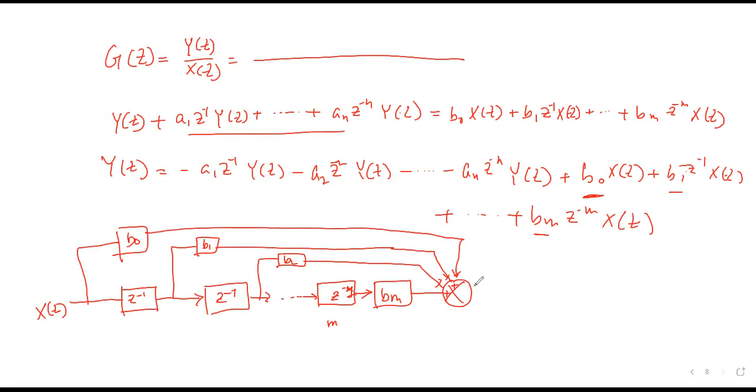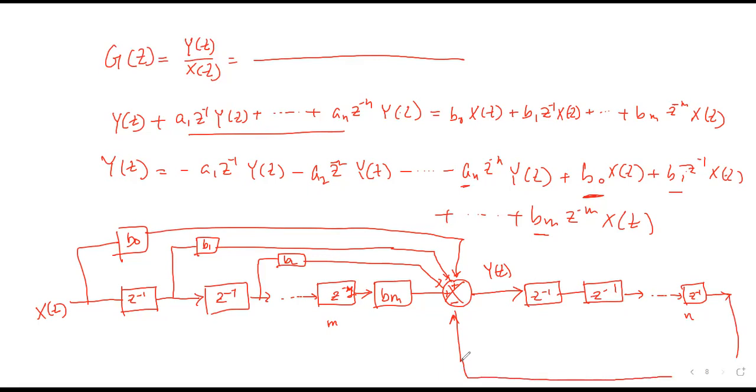So all of them are plus. Now the output will be your Y(z), and Y(z) will be further delayed with z to the minus 1, z to the minus 2, and it goes up to the nth one. The nth one will be multiplied with an, and these are negative, so they will be subtracted.